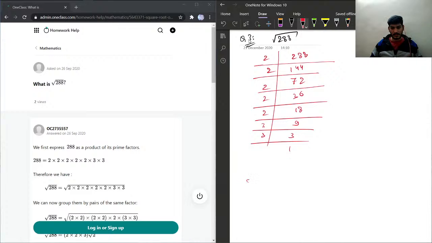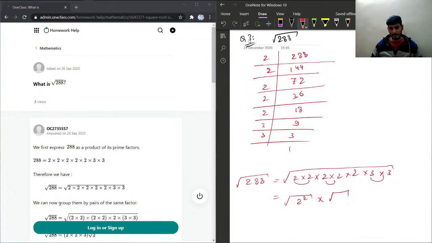So we'll write 288 as 2 into 2 into 2 into 2 into 2 into 3 into 3. I'll just club two terms together, so this will be 2 squared, 2 squared, then we do not have a pair for this 2, then we have 3 squared.